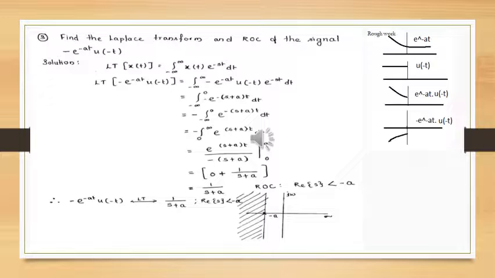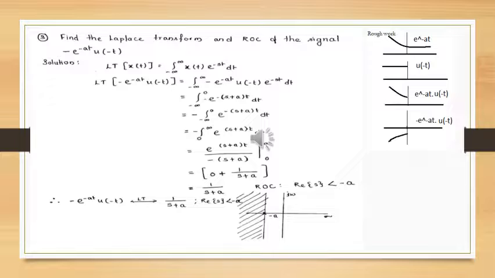This is equal to, if we substitute t equal to infinity, we have e raised to minus infinity, that is equal to 0, plus minus e raised to, if we substitute t is equal to 0, that is e raised to 0 is equal to 1. So we have minus minus plus 1 divided by s plus a. So the Laplace transform is 1 divided by s plus a.